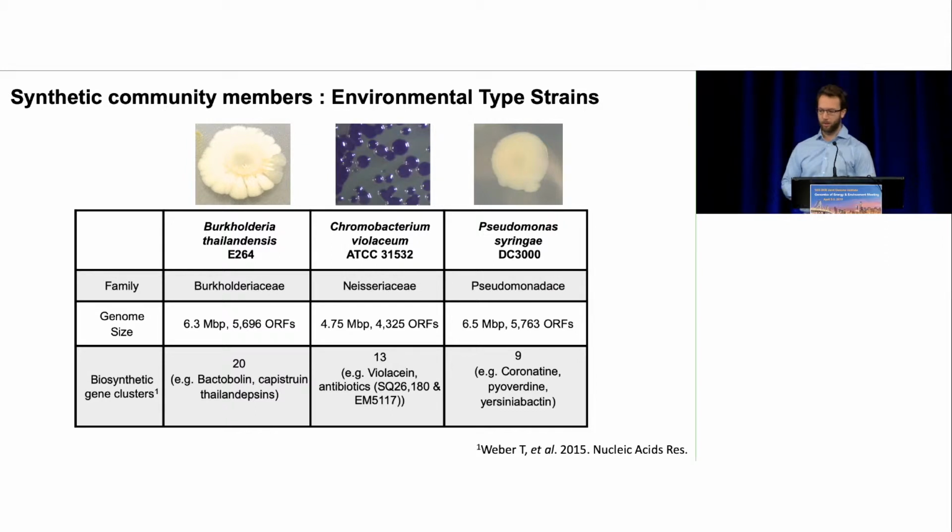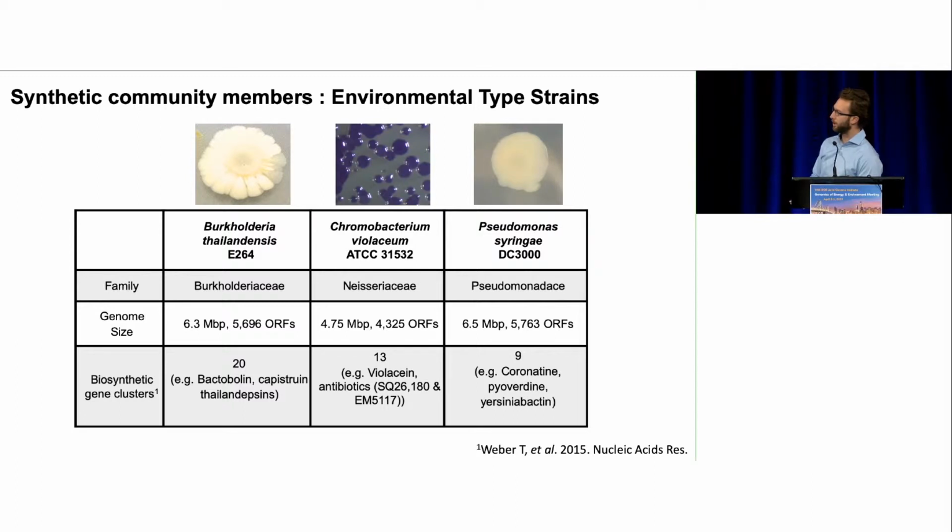Here are the three members that we use in our synthetic community. We have Burkholderia, Chromobacterium, and Pseudomonas. These environmental type strains were chosen for a few reasons. One, we have their genomes and they're pretty well annotated to make sense of the transcriptomics. Two, we have reported from the literature and in our lab that these microbes have the ability to interact. And three, what's of interest to us are these biosynthetic gene clusters.